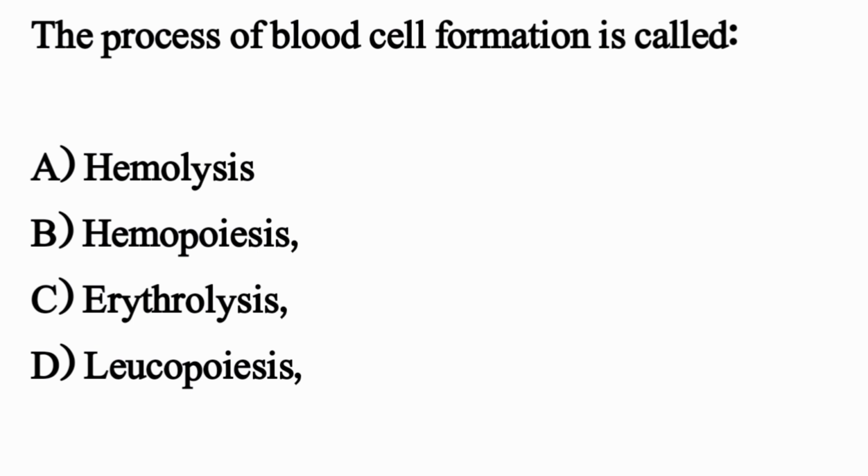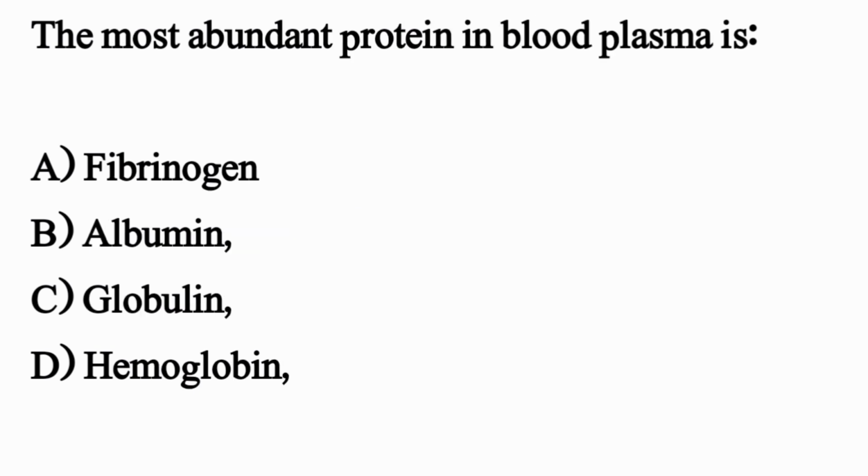The right option is option B, hemopoiesis. The most abundant protein in blood plasma is. The right option is option B, albumin.